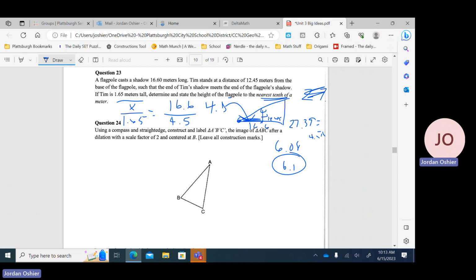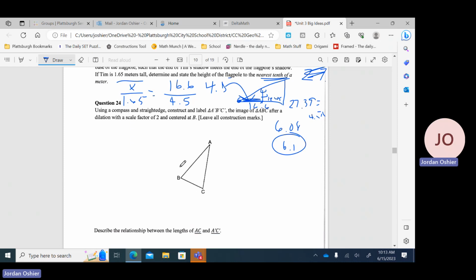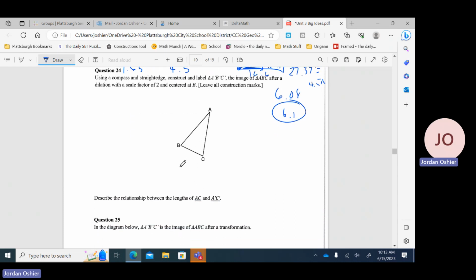Using a compass and straight edge, construct and label the triangle after a dilation with a scale factor of 2. I do not have a compass and straight edge on the computer, so I'm going to sketch what you should do. It's centered at B, so you're going to grab your straight edge. The first thing is to create a linear relationship between the center and any other point.